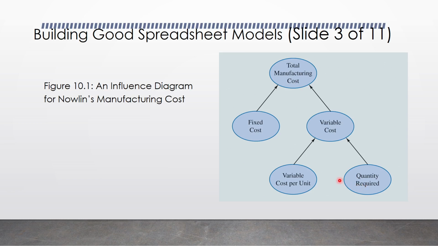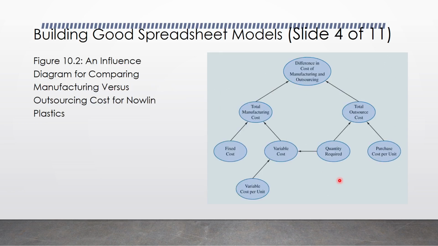Now, an expanded influence diagram that includes an outsourcing option is shown in this figure. And note that the influence diagram in the previous slide is a subset of the influence diagram in this figure. Our method here is to build an influence diagram for a portion of the problem and then expand it until the total problem is conceptually modeled, and this is usually a good way to proceed.